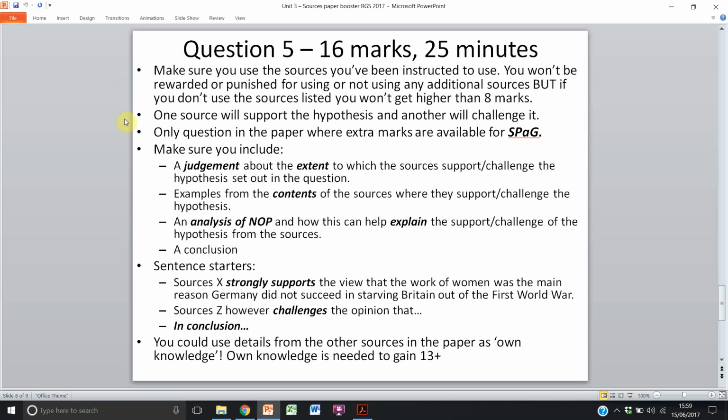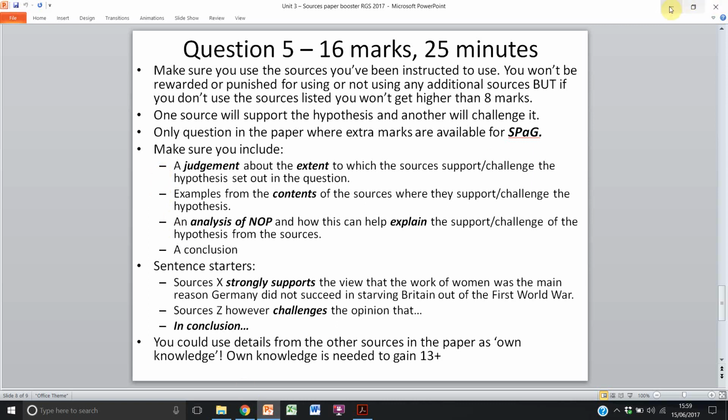As I mentioned a moment ago, one of the sources that you're asked to use will support the hypothesis, and the other source will challenge it. This is the only question where extra marks are available for quality of spelling, punctuation and grammar. And these are the things that you need to include. You must give a judgment about the extent to which the sources support or challenge the hypothesis.